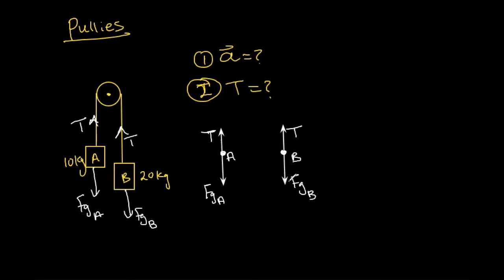Now after doing that, you cannot say that both tensions are pointing up, so they have a positive direction. No. With pulleys, you have to be very smart. You need to choose a direction for the whole of your system. You cannot just say up is positive or down is negative. You need to choose it nicely.